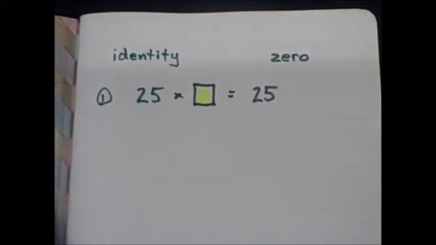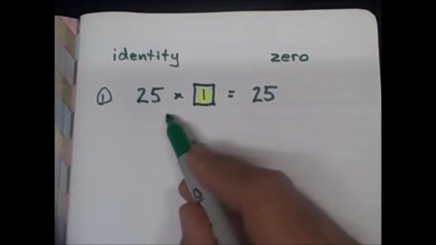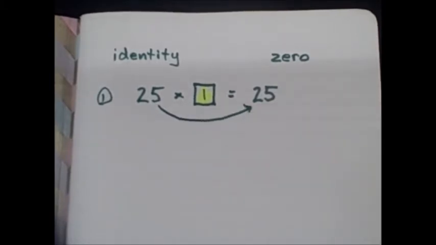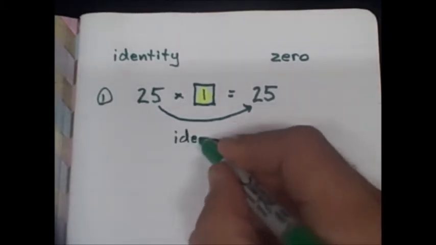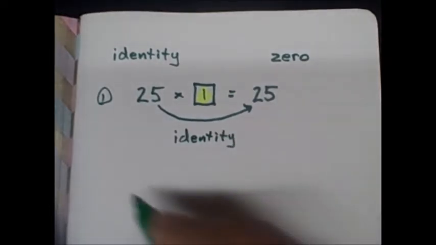Obviously, the missing number would be 1 because any number times 1 is going to give you a product that's equal to that number. This is an example of the identity property of multiplication.